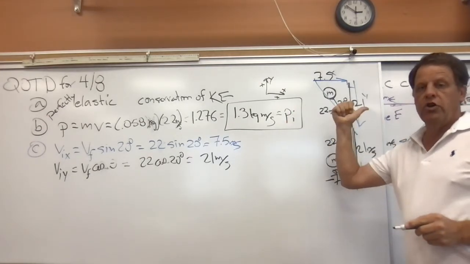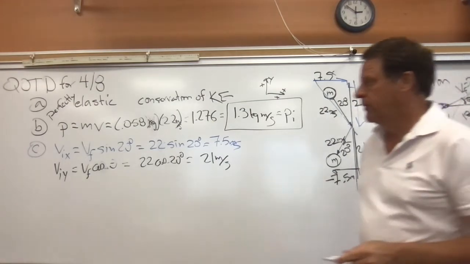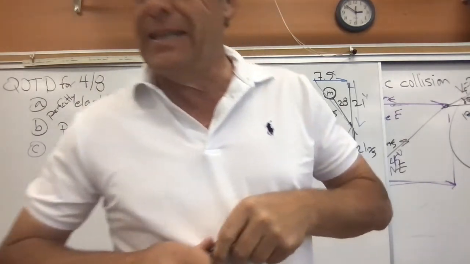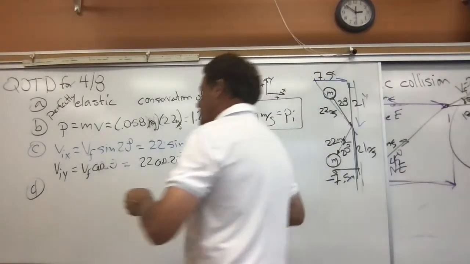Since we said to the right was positive, we get negative 7.5. So when we go back to D, what is the final velocity of the ball in the x direction?